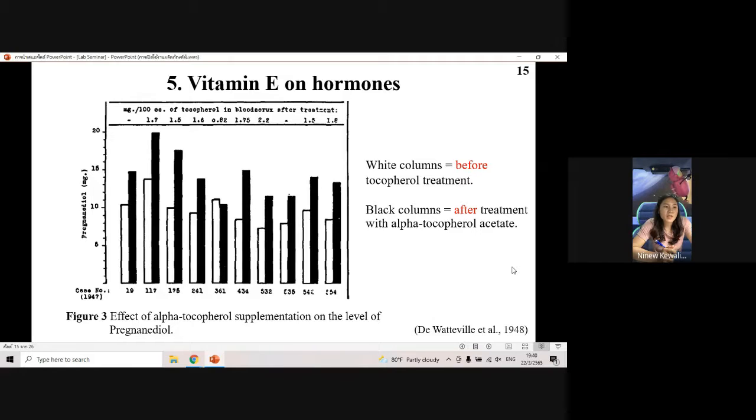But if we enhance vitamin E, it acts as an antioxidant against the ROS, so it can help protect the cell and the immune system too.